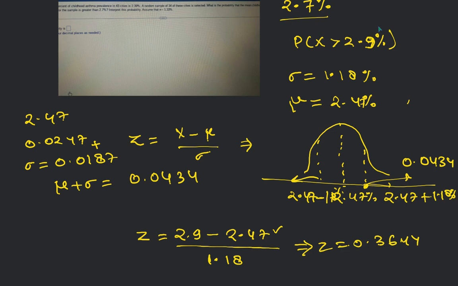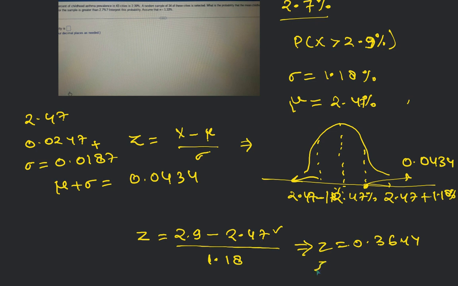So what we have is Z 0.3644. Where is 0.36? I am getting 0.6406.